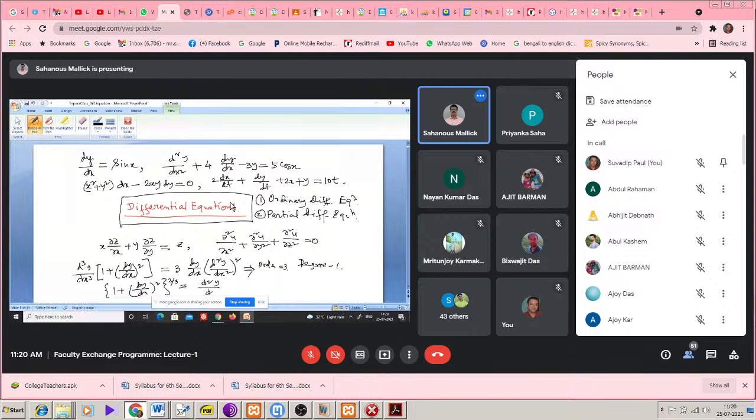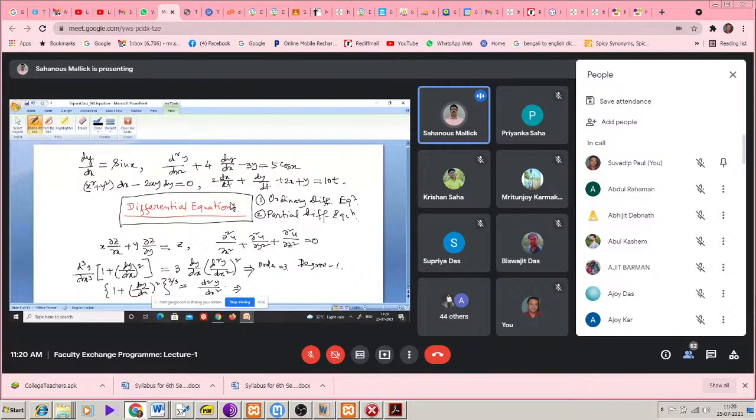Here also order is 2, but degree is 3, because first we have to free the equation from radicals or fractions. So it will be (1 + (dy/dx)²)² = (d²y/dx²)³. So order is 2 and degree is 3.